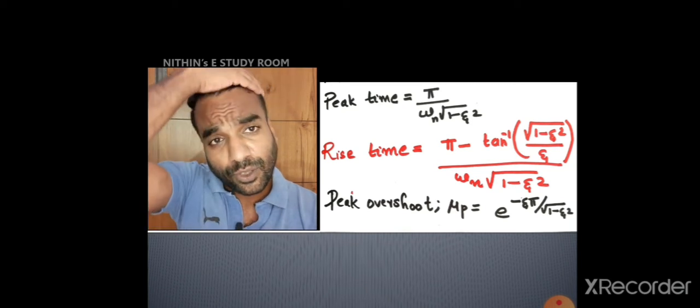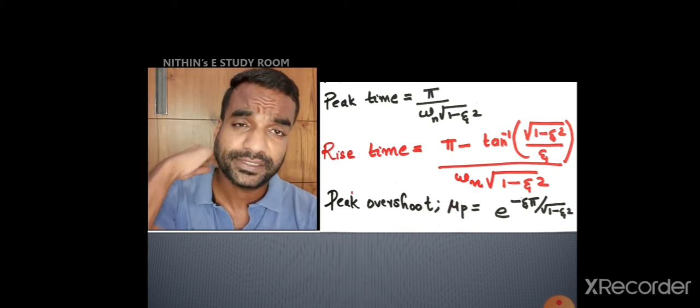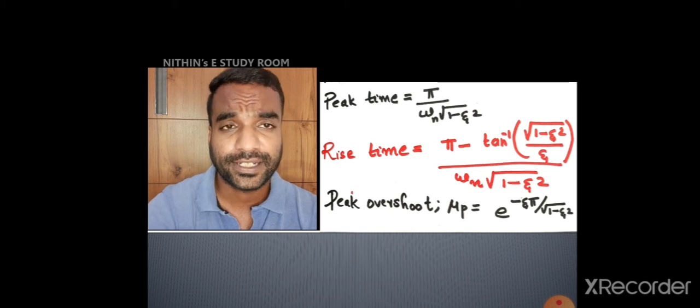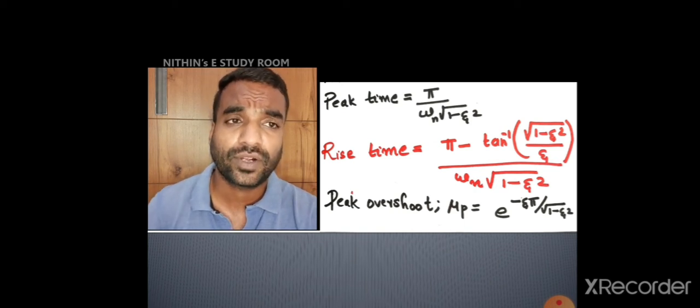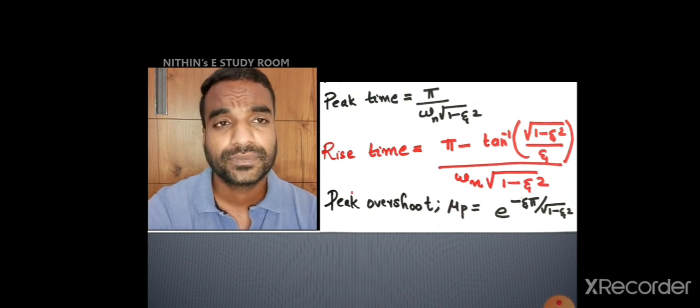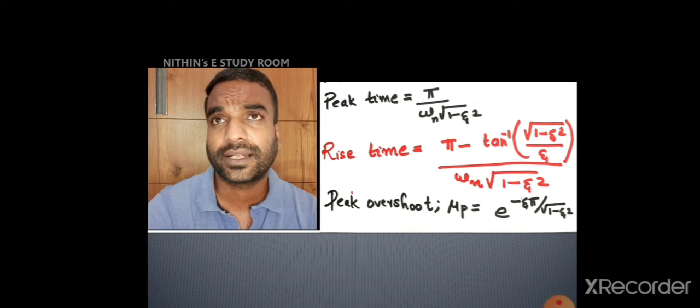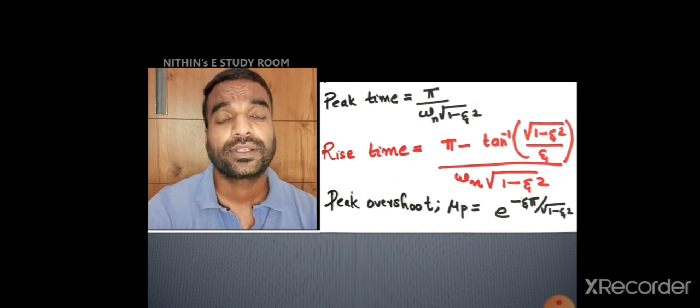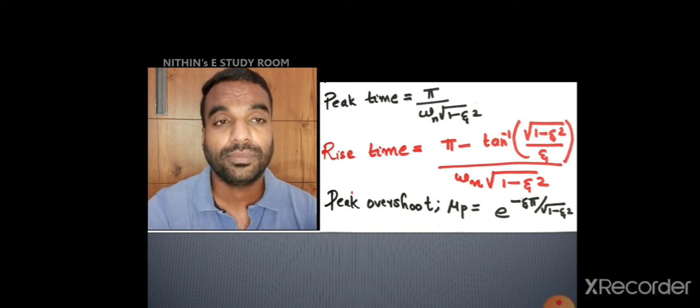And peak overshoot Mp is equal to e raised to minus eta pi by root 1 minus eta square. That was also discussed in the last topic. So these are the three equations, and you also have to remember the settling time equation, because you may need them to solve problems.